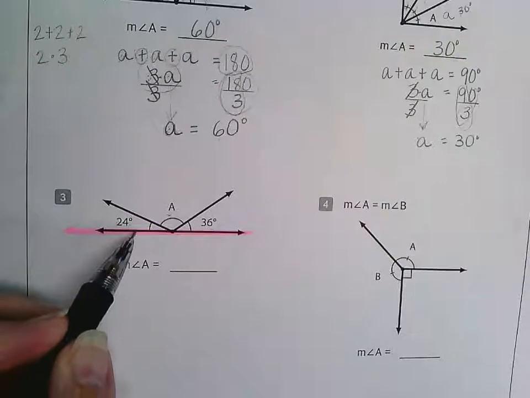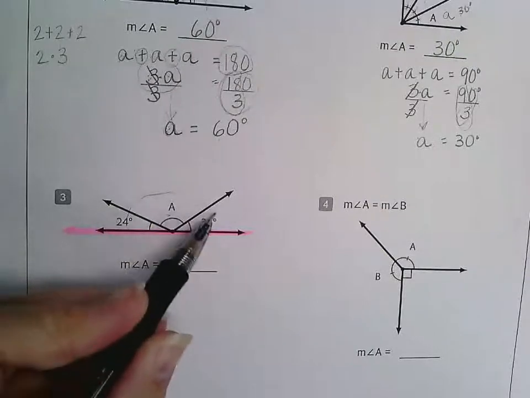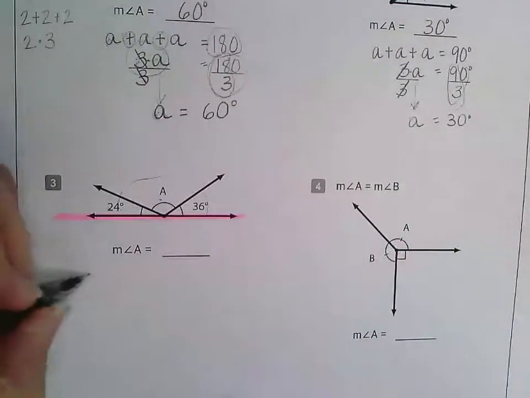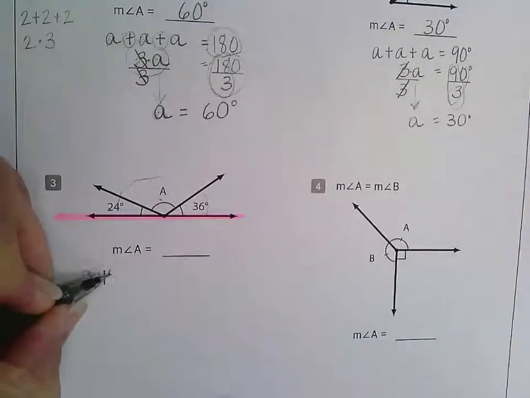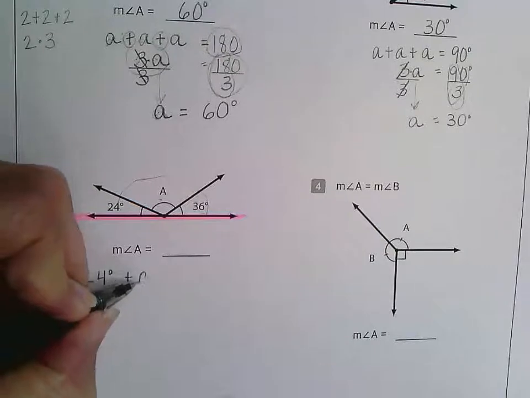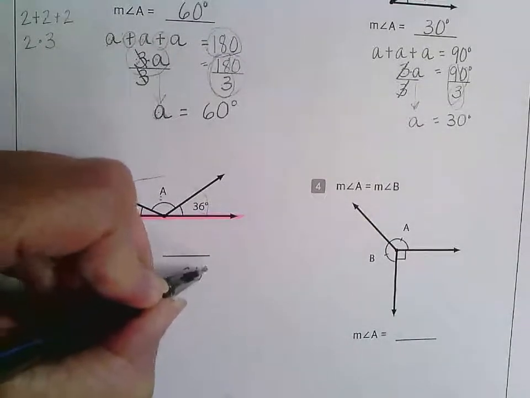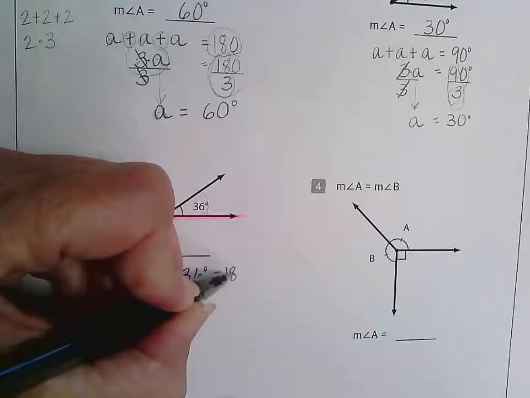But I do know that if I have a straight angle, all of these will sum to 180. So I'm going to take 24 degrees plus angle A plus 36 equals 180 degrees.